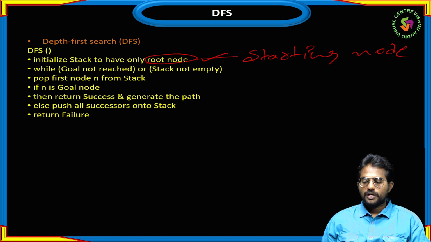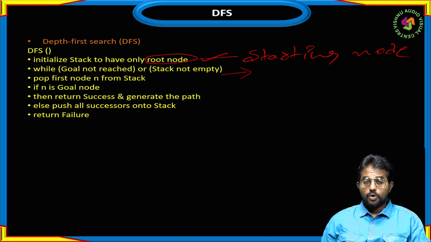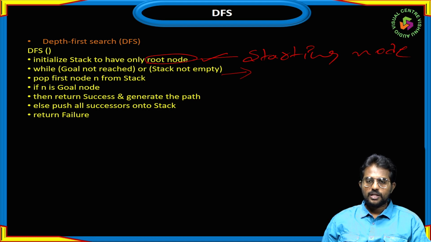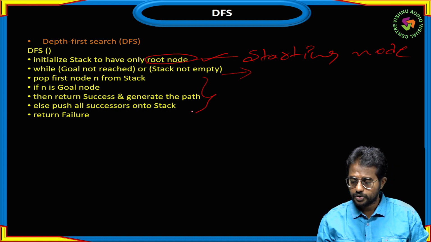The starting node will be given as an input, and after that we will check the condition, that is either the goal node is achieved or the stack is empty. Until either of these two conditions becomes true, we will execute these four statements.